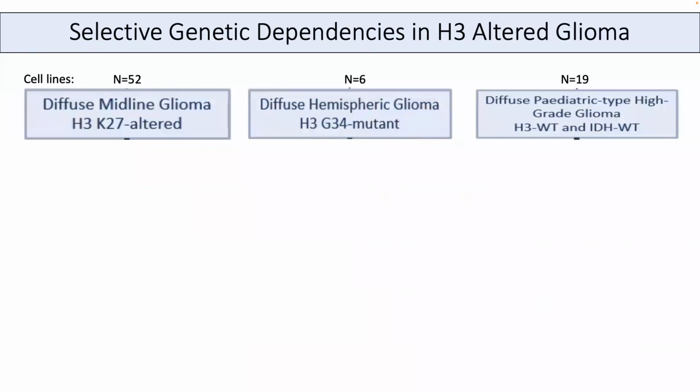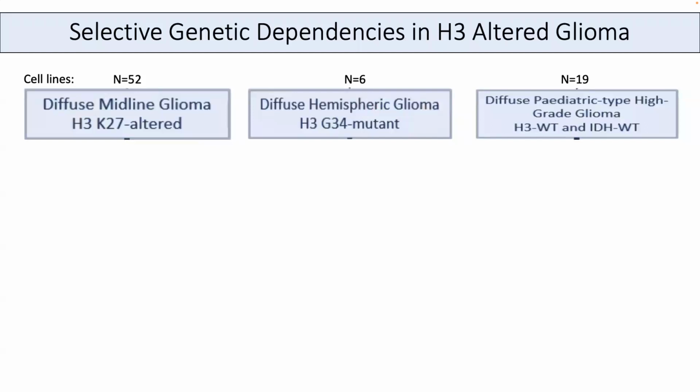We then turned our attention to look at our cohort to see whether the H3 altered subtypes of gliomas correlated with unique genetic dependencies. And I was particularly excited because that has not been reported yet in the literature.